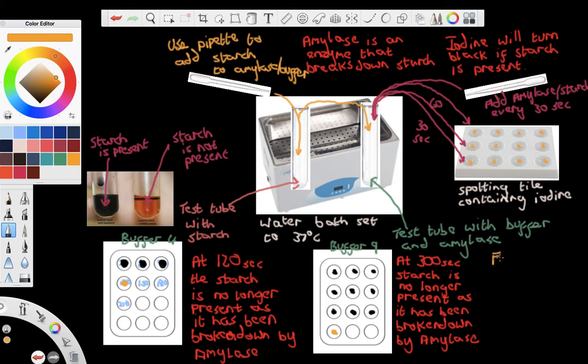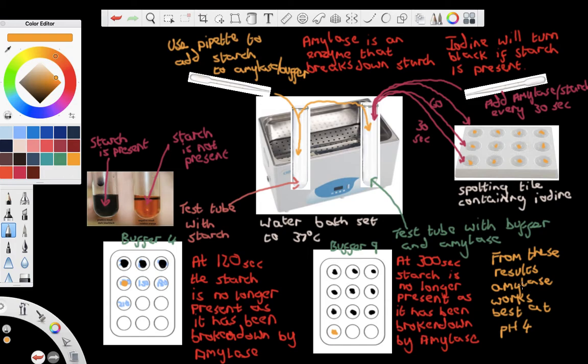So from these results, amylase works best at pH 4. Okay?